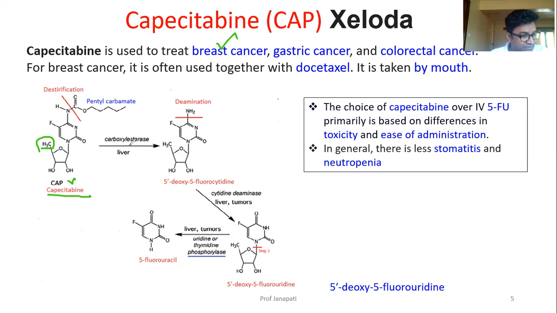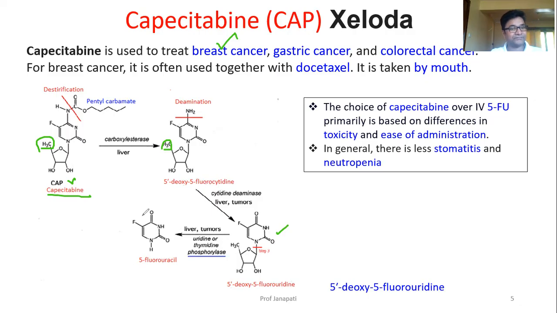Now, because of carboxyesterases, you are getting 5-deoxy-5-fluorocytidine. Then by the deamination process, where the red lines show the cleavage, we get 5-deoxy-5-fluorouridine. Then by uridine or thymidine phosphorylase, you are getting 5-fluorouracil.